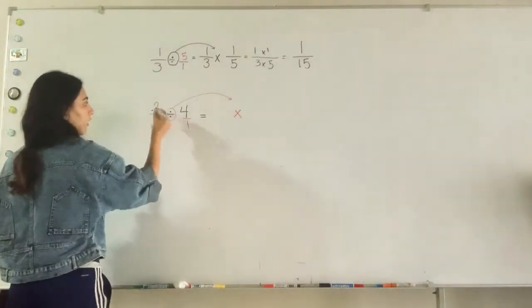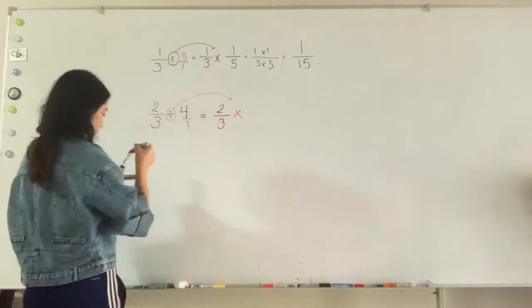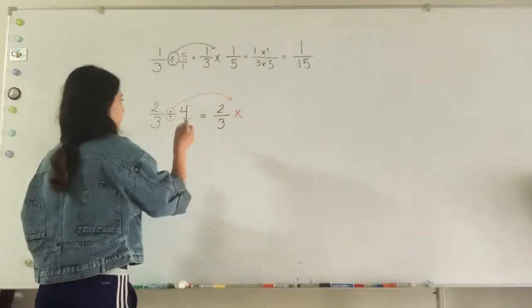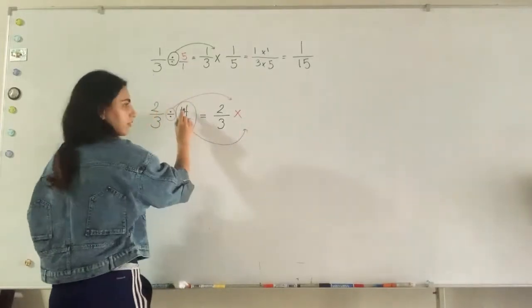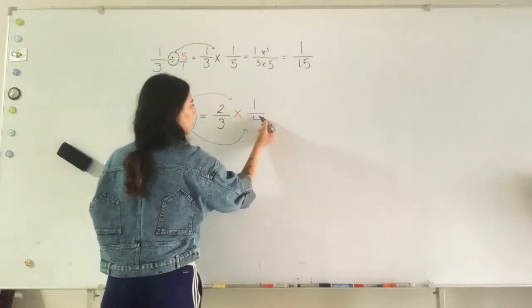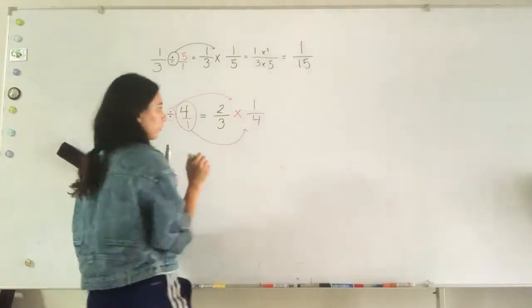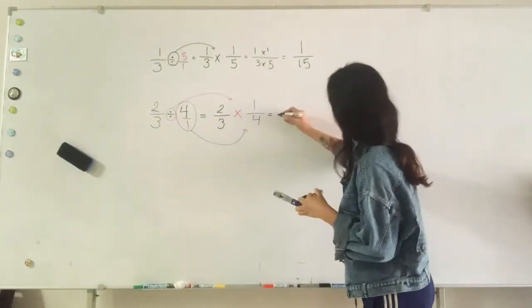Then I'm going to rewrite this the exact same way, 2/3. Then it's time to write this, but also flip it over. Instead of 4 over 1, I have 1 over 4. Okay? Then I do my multiplication.